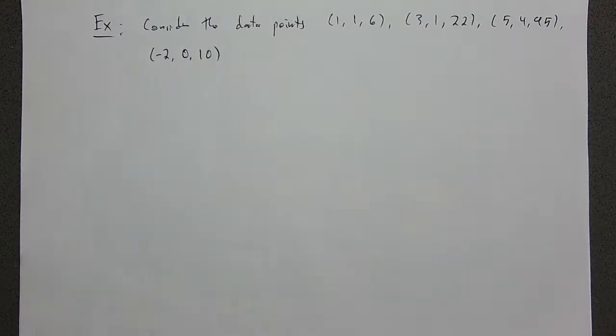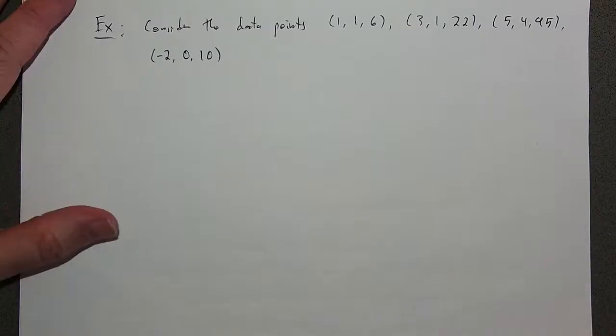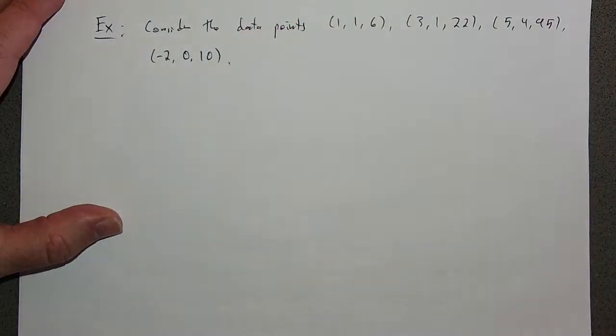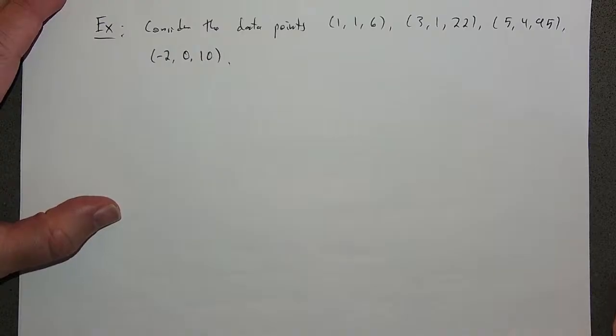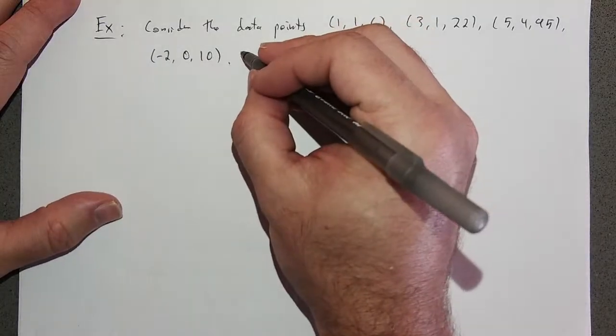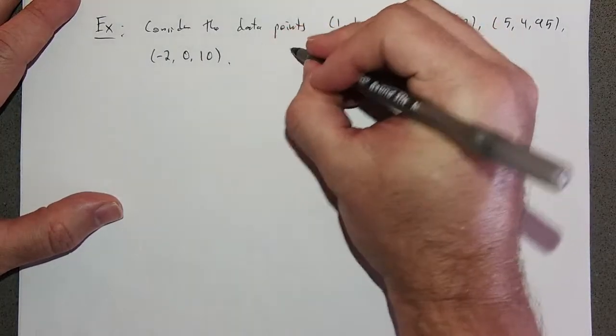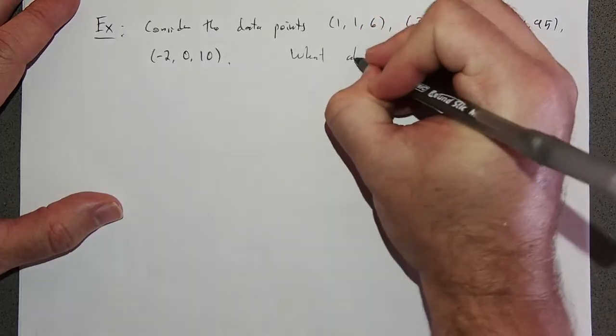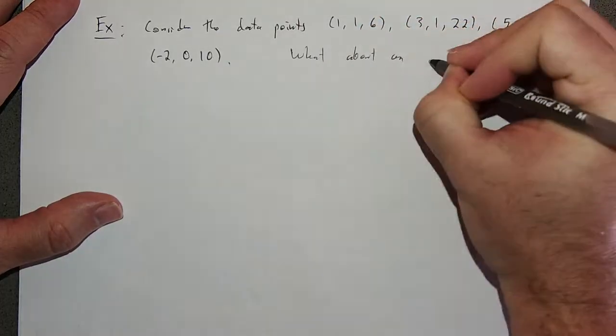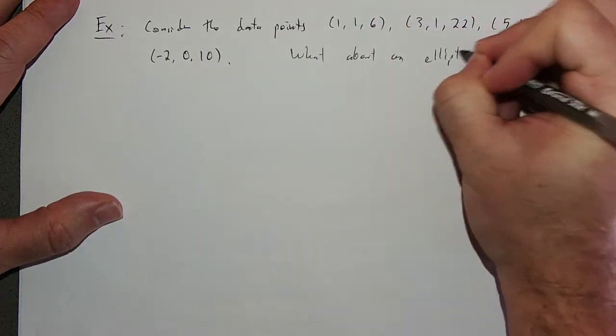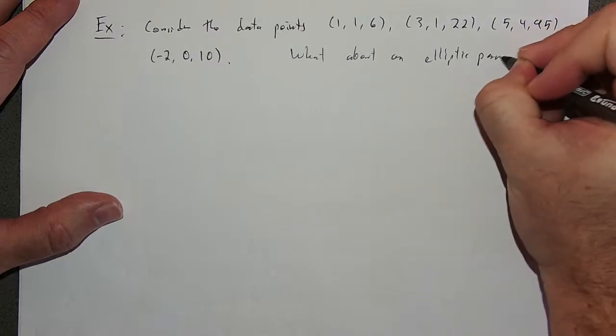But we'll say I have help, so it's not just me; it's a bunch of other people also doing it, and we're all using computers to help us see what it is that this thing fits. And I come up with the idea that, hey, maybe this thing fits an elliptic paraboloid, right? So what about an elliptic paraboloid?